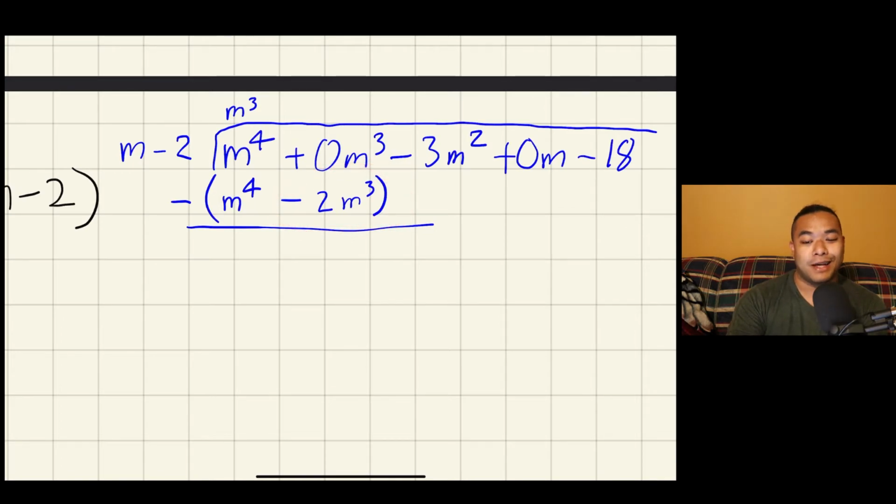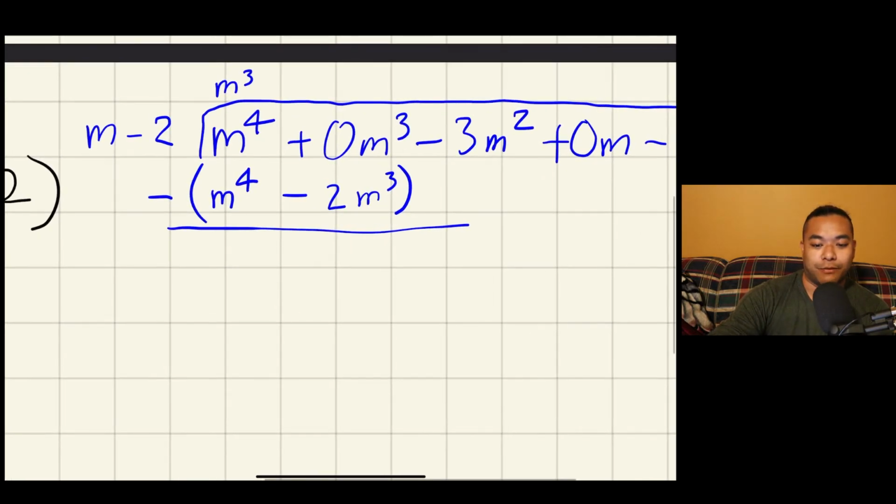That helps. That way I can combine like terms when I subtract down. Whereas if negative 3m squared was on top, I wouldn't be able to do that. So the placeholder helps. Subtracting, m to the fourth cancels to 0, and then 0m cubed plus 2m cubed is just positive 2m cubed.